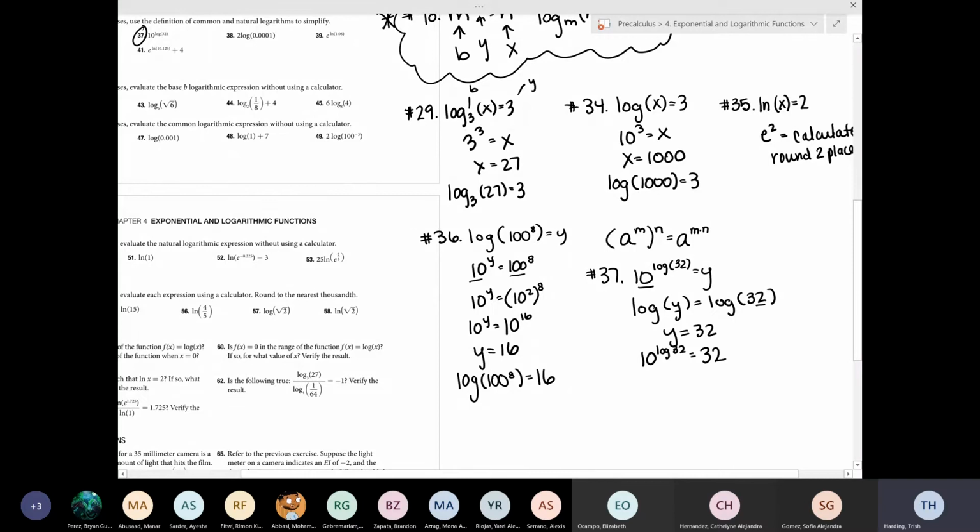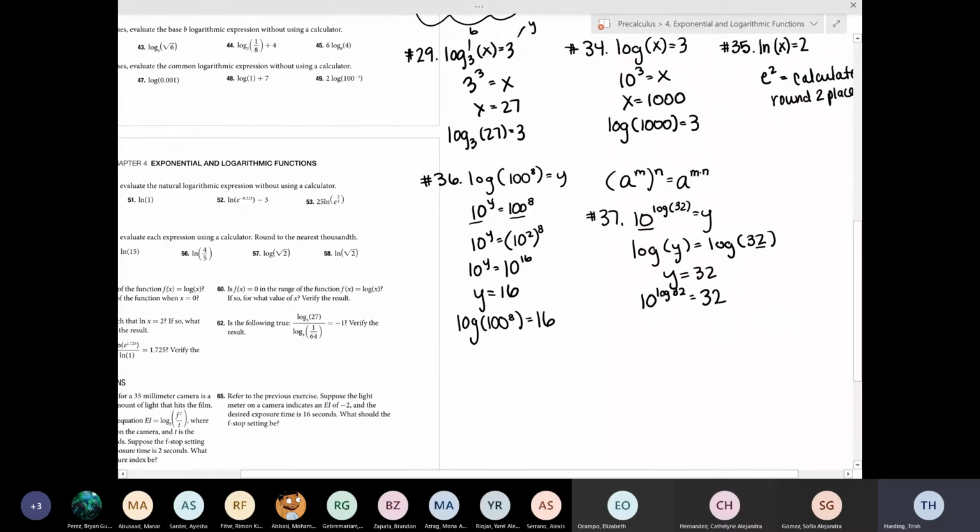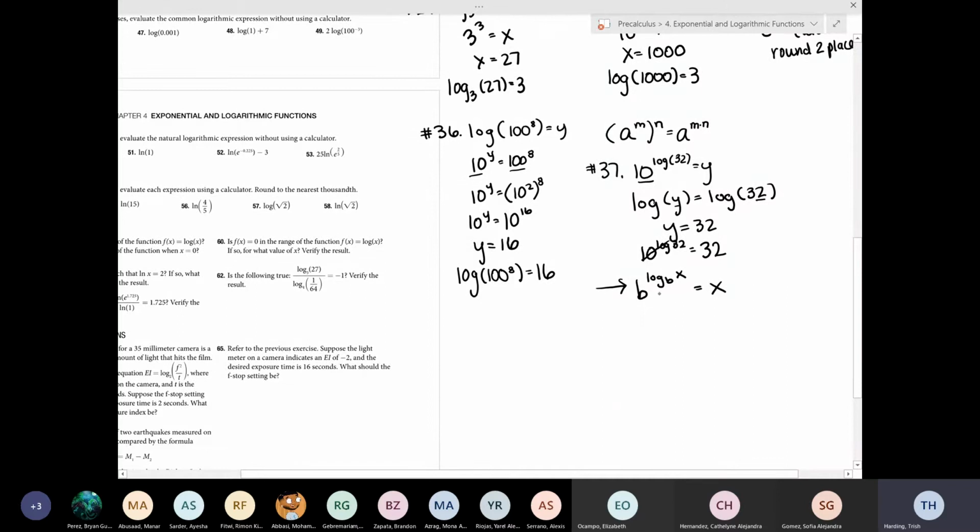And notice that if you have a base to the logarithm of that base, you will get whatever is here. These essentially cancel. So on a side note, if we had b to the log base b of x equals whatever, the same number, this is what it would be.